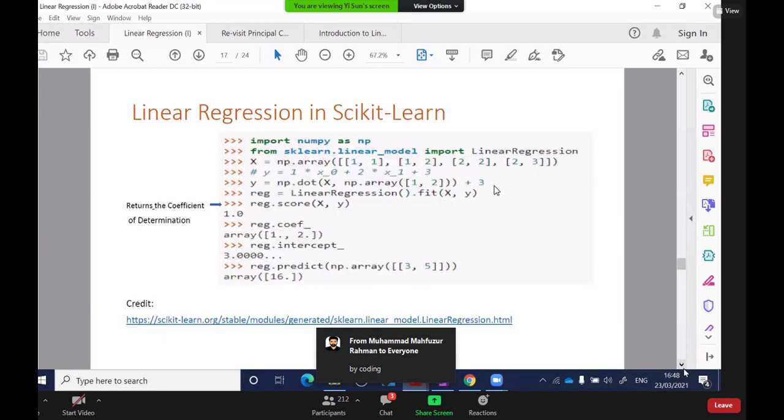Now, let's have a look at the code together. You have a chance to practice them in Unit Practical 5. To call a linear regression model from sklearn, you need to import linear model and then the class LinearRegression.